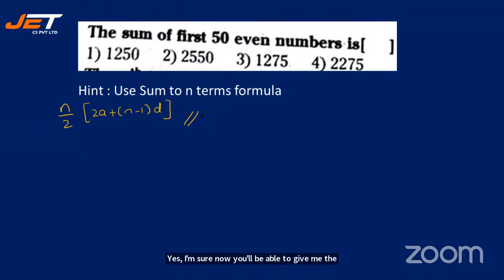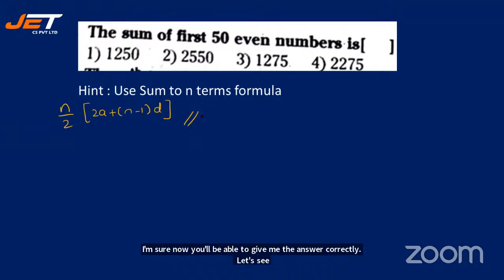Let's see. Yes, Bhavna, you're right. Riya Naik, work it out and then give me the answer. Simply, you should not tell me. Work it out. If you work it out, I'm sure you'll get your answer.